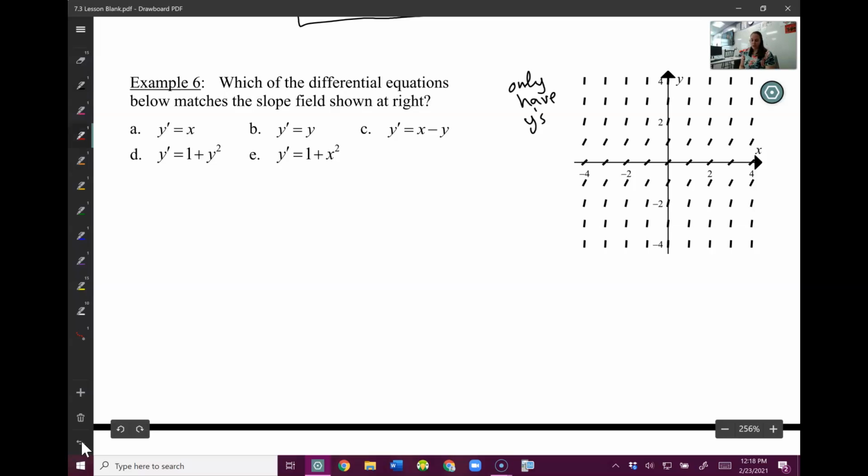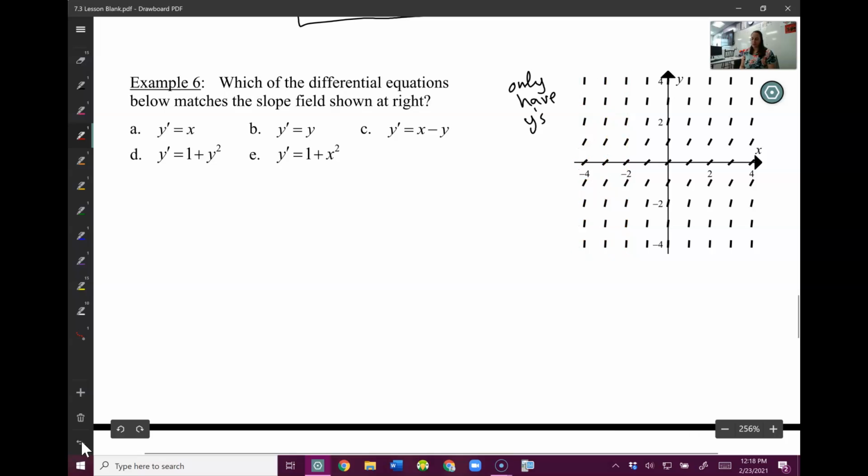Now, if your slopes were all the same this way, then it would only depend on the x's, only have x's in it.